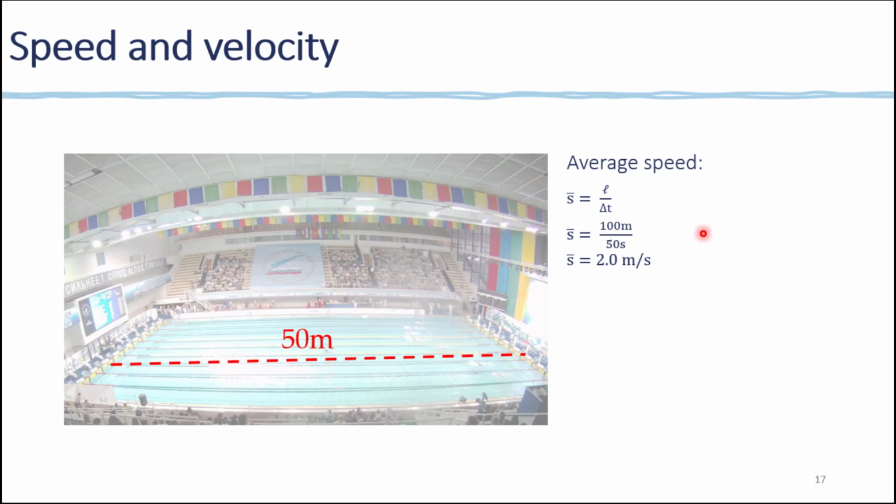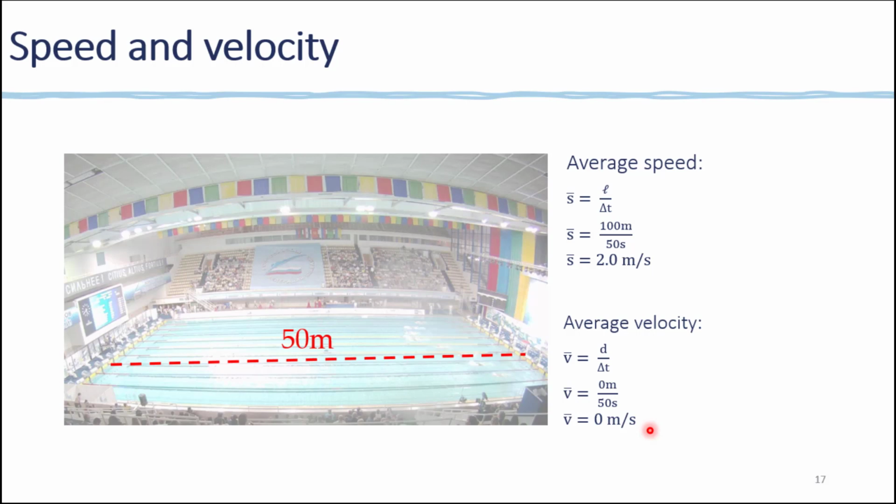Now, what about velocity? The equation for velocity is displacement over time. And if the pool is 50 meters, then the swimmer actually ends the race where they began, making their displacement 0. So the average velocity would also be 0 because you're dividing 0 by 50 seconds.